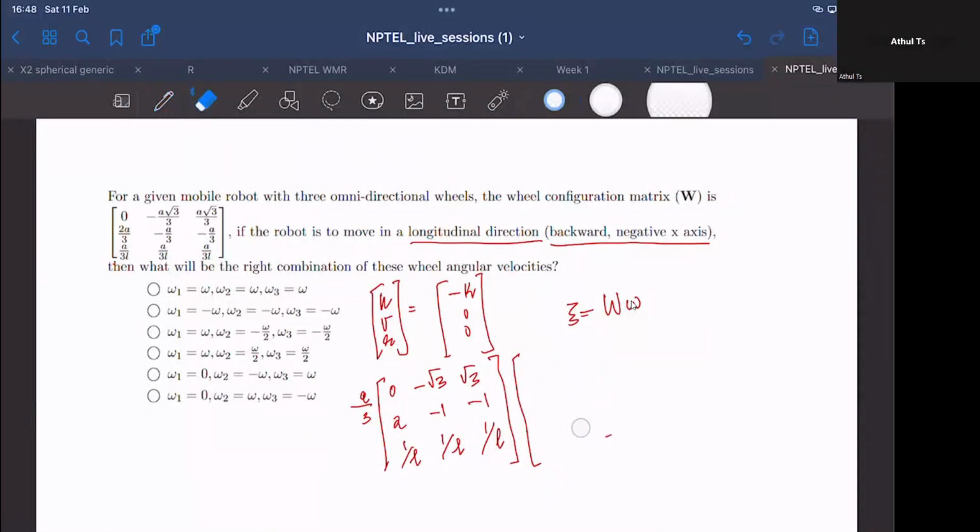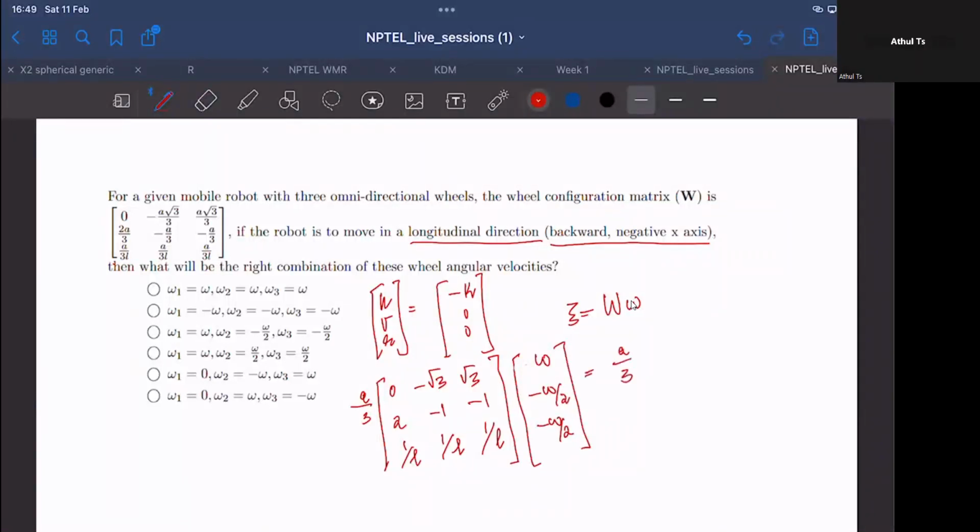And moving on to the second solution, minus omega, minus omega, minus omega. Again, this is identical to the first case. The first row would still be 0, but all the other terms would be flipped. Not worth pursuing the second option also. The third option says omega, minus omega by 2, minus omega by 2. So what happens if we expand this out?